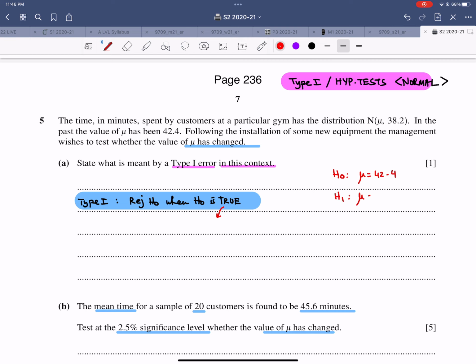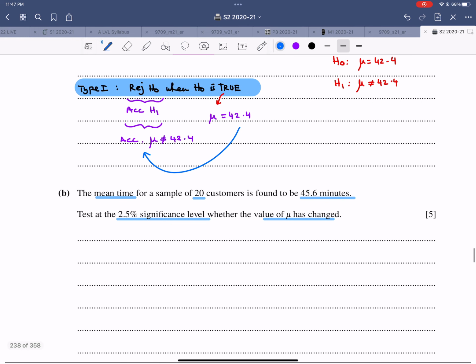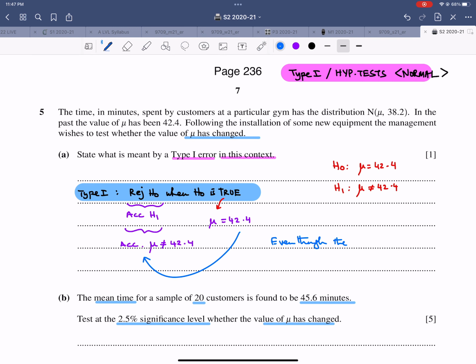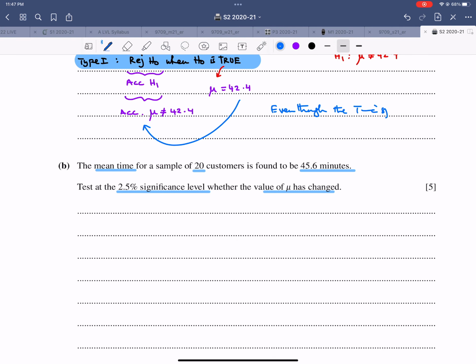So, H naught is true. That means the value of mu is 42.4. But we are rejecting H naught. In other words, we are accepting H1. In other words, we are accepting that the mu value does not equal 42.4. Now join both parts together. And how do you read it? I'll say, even though mu, what is mu? Mu is the time spent in gym. So the time spent in gym is still 42.4 minutes.